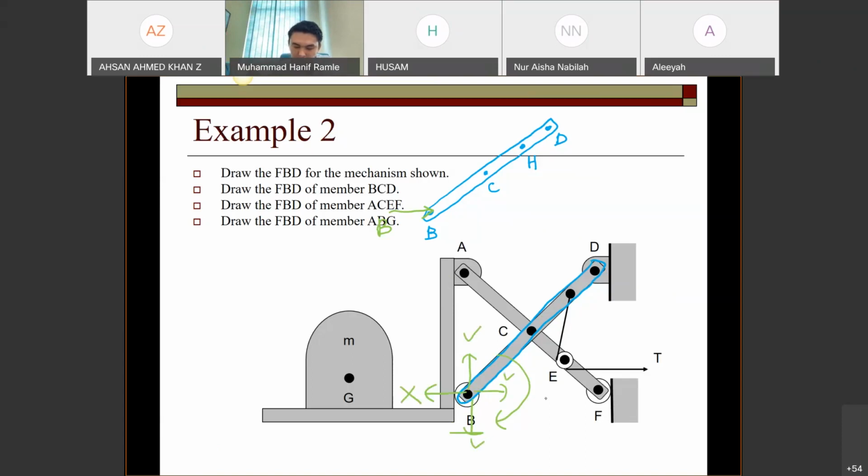At C is a pin, meaning that we have two reactions. At H is the tension cable, which is a cable, so just put a T there. And at D also a pin.